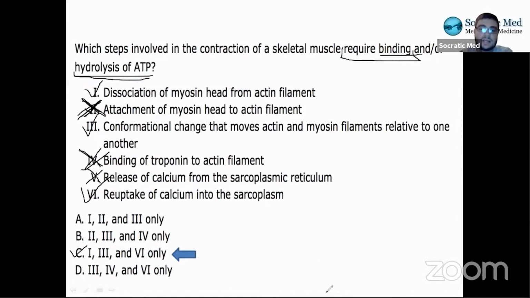ATP is not required for attachment because it can attach weakly without ATP, right? Without ATP, it can still weakly bind. The reason you need ATP is to actually bind strongly and then perform the power stroke, which you can't do without ATP. A weak binding is not enough to perform a power stroke, you need a strong binding.